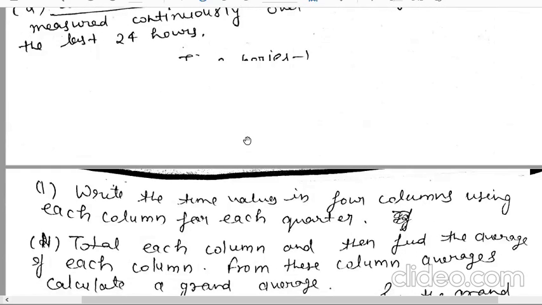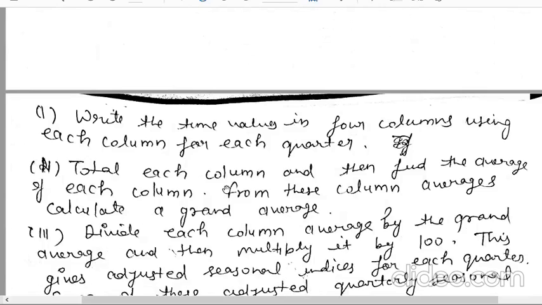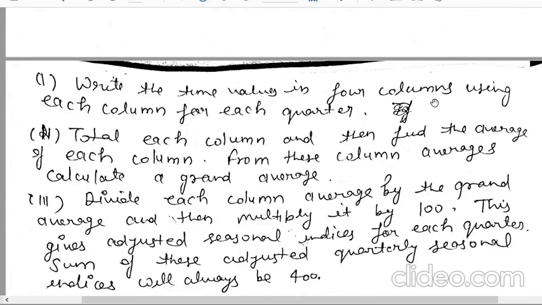Now, next, components of a time series. Components in time series. The first point: write the time values in 4 columns, using each column for each quarter. What is the meaning of this line?